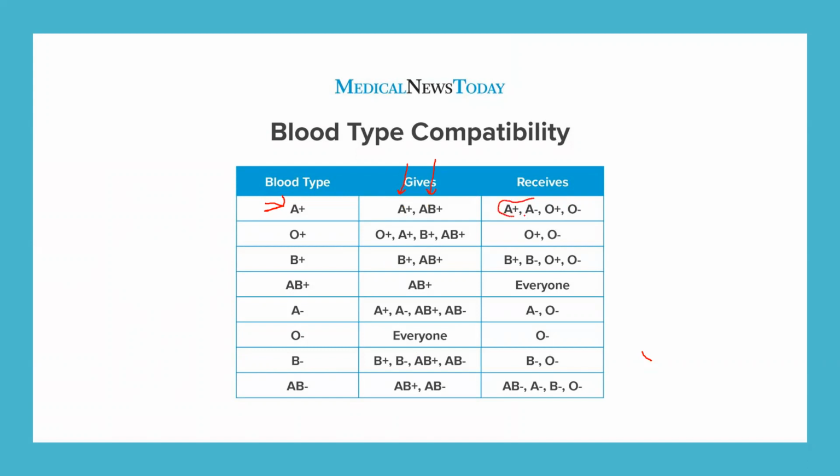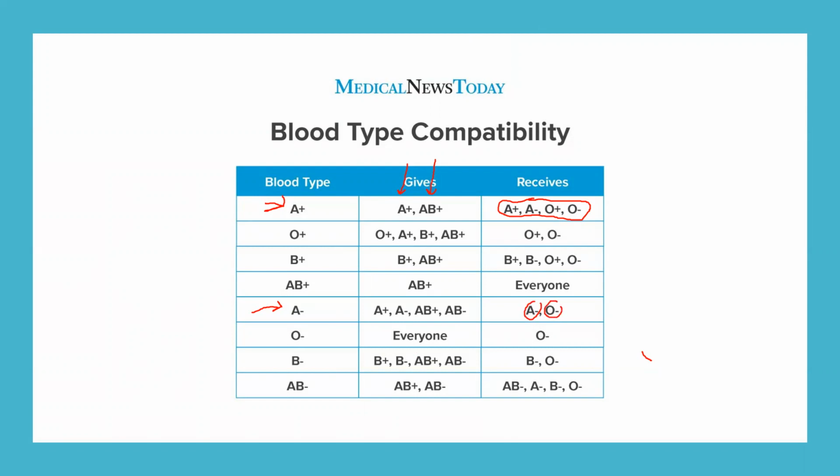You can receive A positive, A negative, O positive, and O negative. What this means is if you're positive in the Rh factor, you can receive negative blood as well as positive blood. If you're A negative, you can only receive negative blood: A negative, or O negative.